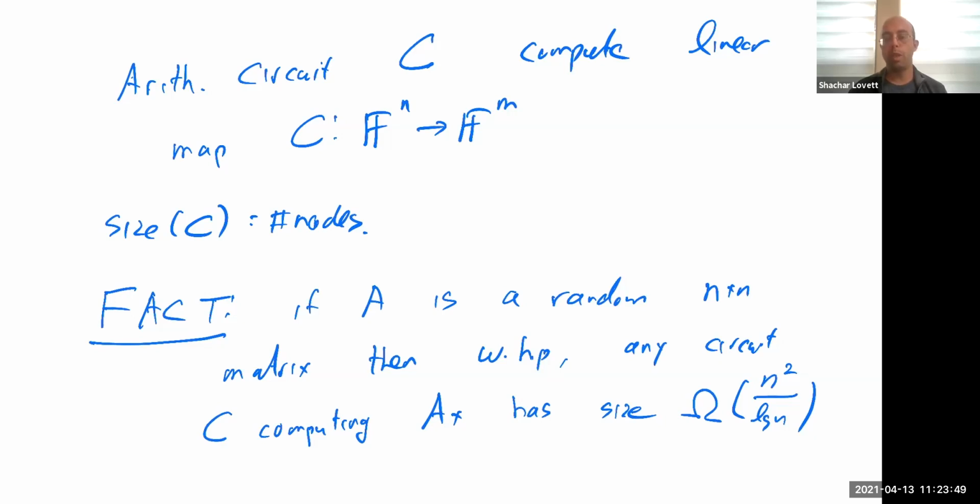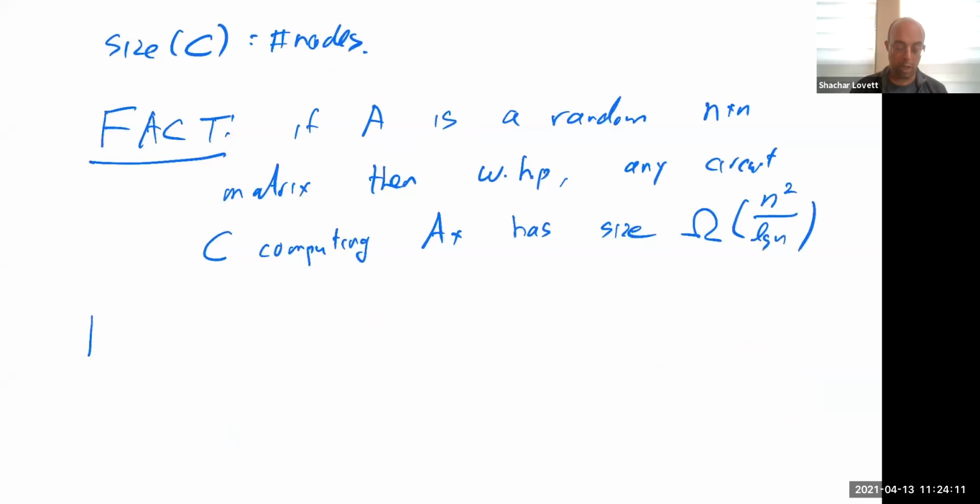But of course, we don't usually care about random matrices A. We care about special matrices A that correspond to computations we actually want to do, like FFT. And the question is, can we prove that FFT actually requires n log n size, or maybe it's better?